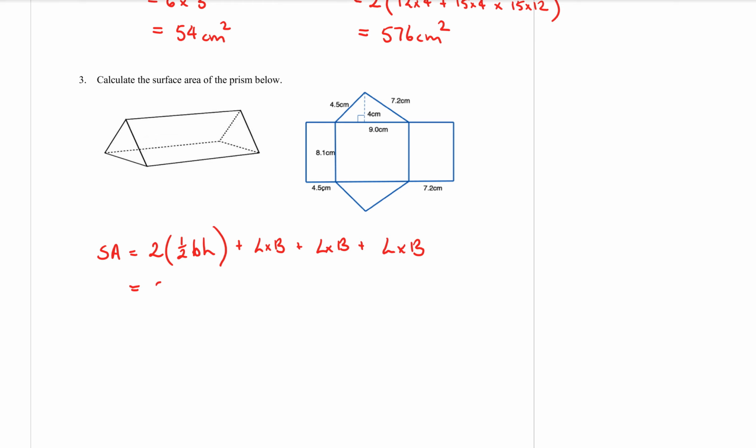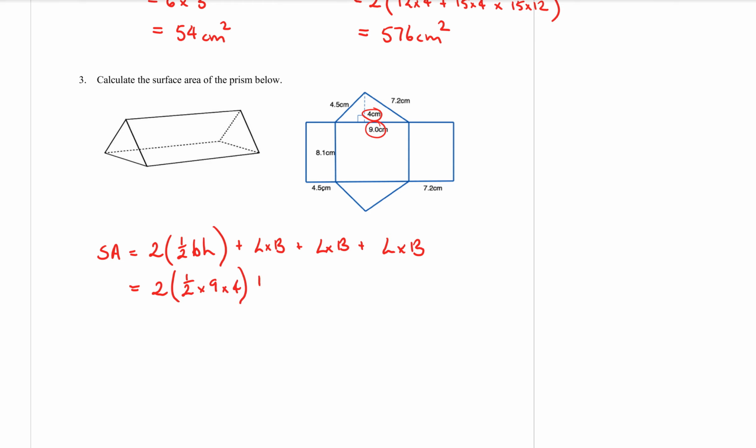So let's start with the triangles. The base and the height of the triangle will be the 2 connected by that right angle, the 4 and the 9. So 2 times half times the base, which is 9, times the height, which is 4.